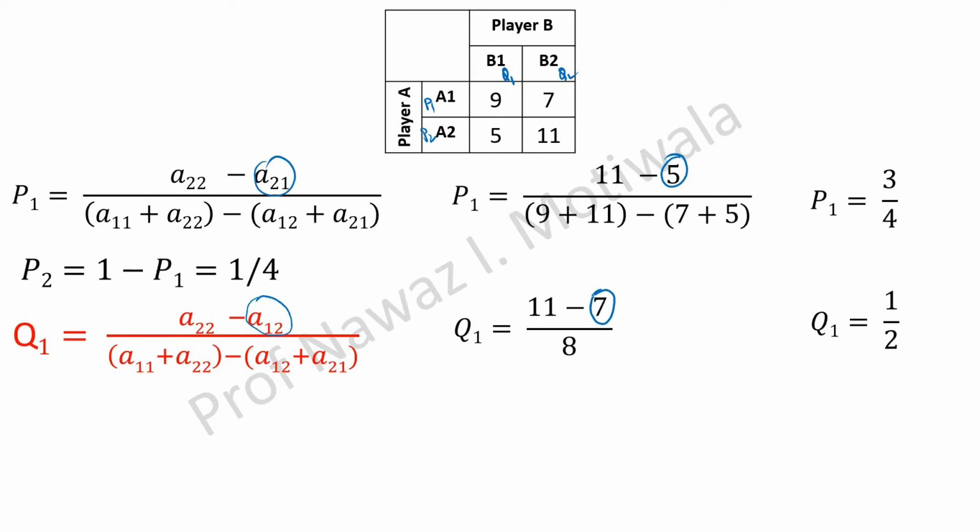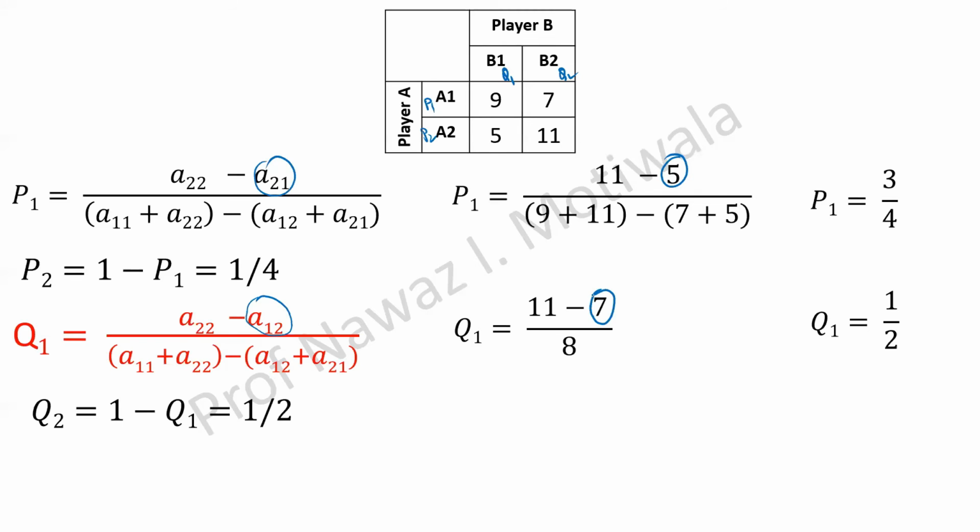So if Q1 is 1 by 2, we can conclude that player B will be using strategy B1 50% of the time. If B1 is used 50% of the time, the other will also be used 50% of the time. So Q2 is equal to 1 minus Q1, which is 1 by 2. These are the probabilities of the strategies.